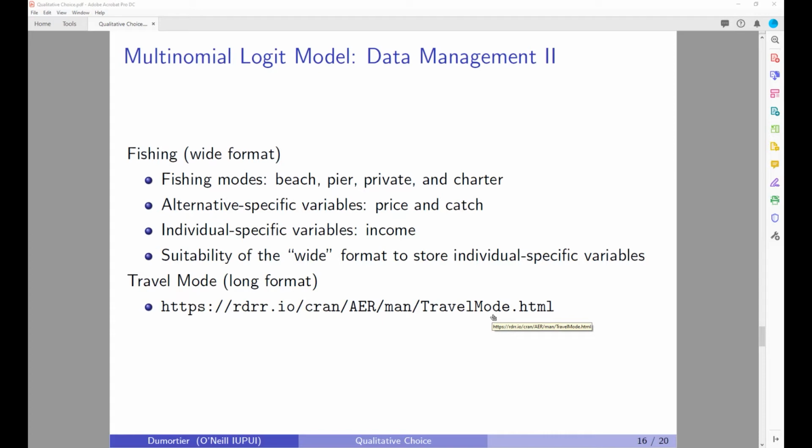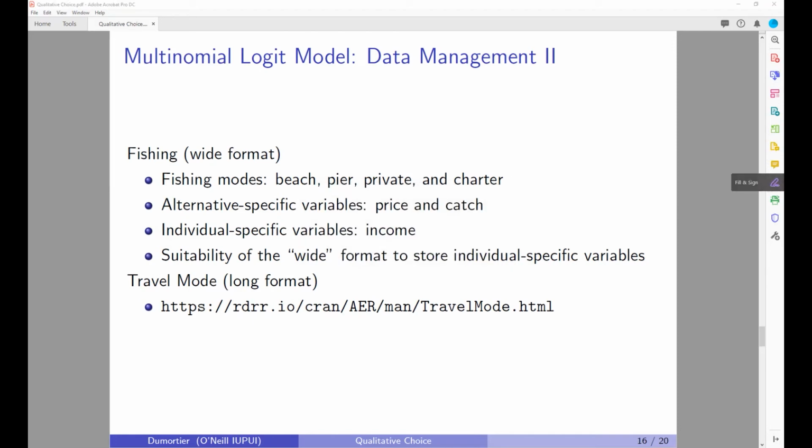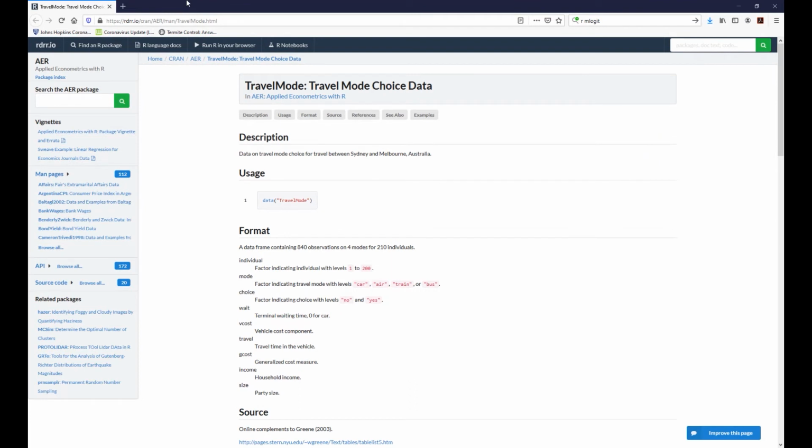Okay. Now, travel mode is going to be in the long format. So the travel mode refers to a data set that includes the travel mode choices for travel between Sydney and Melbourne. Okay.